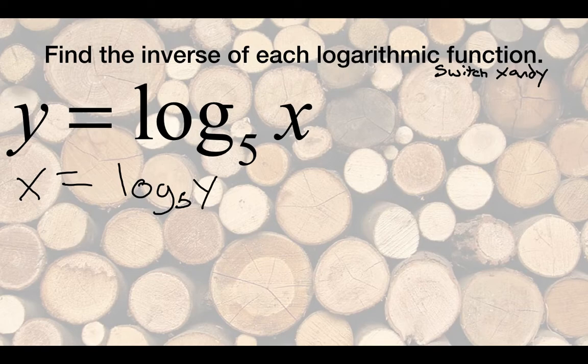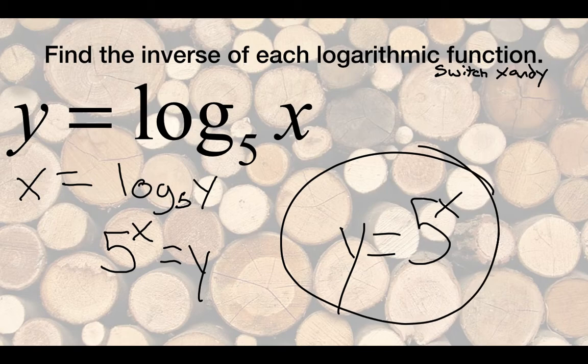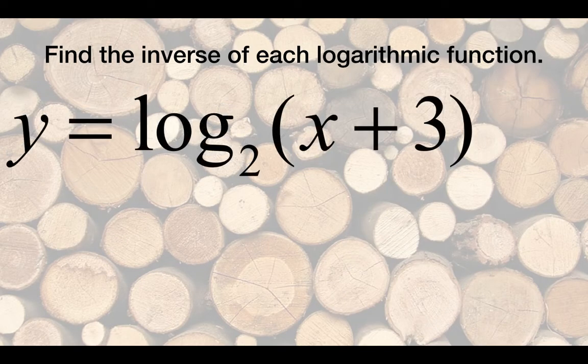Now, I want to have y by itself, so the way I get rid of it, and you might remember this, is to use the inverse equation. The inverse of a log is an exponential. So I'm going to just rewrite this as 5 to the x equals y, or y equals 5 to the x, as I would like it to be at the end.